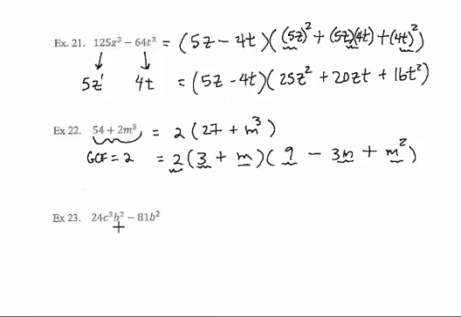You see that they both have a b, and 81 and 24 are both divisible by 3. So we say greatest common factor equals 3b, and then they both have an exponent of 2 for the b, so b squared is part of our greatest common factor.